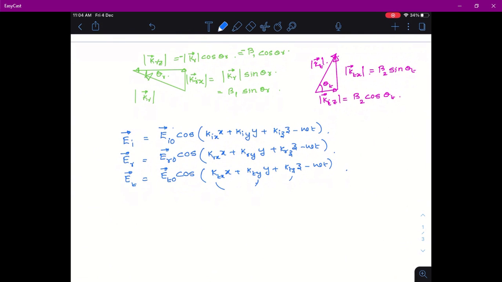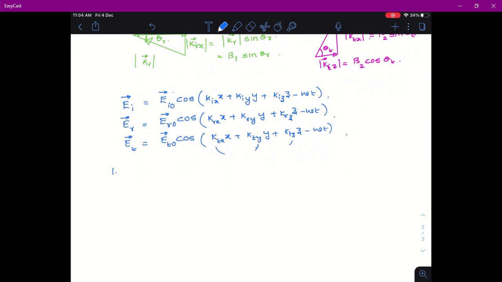Now, when you apply the boundary conditions and tangential conditions, the only way all these electric fields will exist in the two media is when, first, Kix is equal to Krx is equal to Ktx.